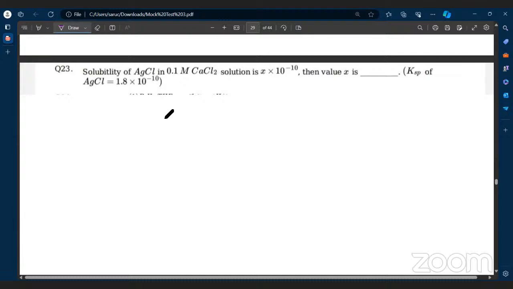So it will give you Ca2+ and 2Cl minus. The initial concentration is 0.1. So here you'll be getting 2 into 0.1, complete dissociation because it is a strong electrolyte. So the concentration of Cl minus is going to be 0.2.